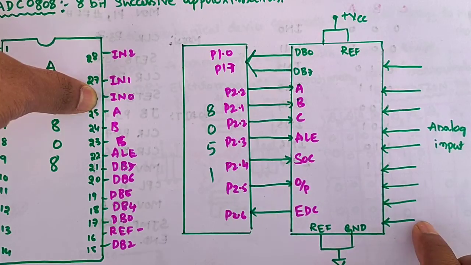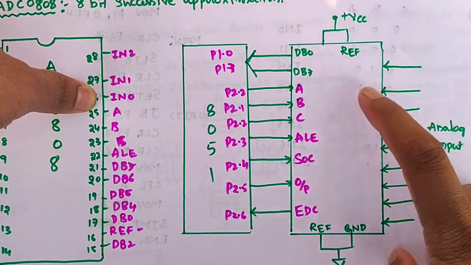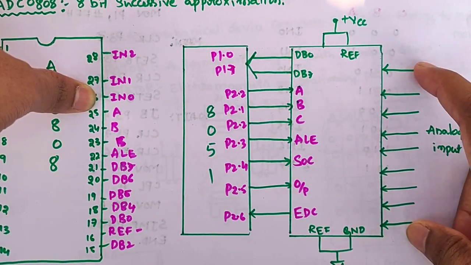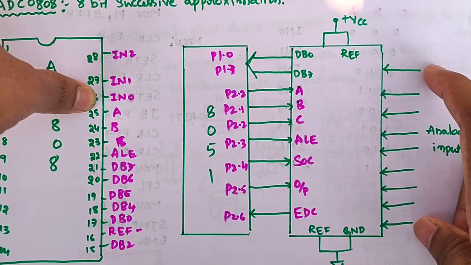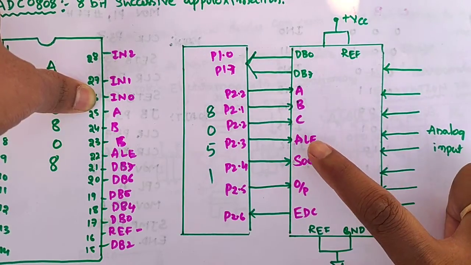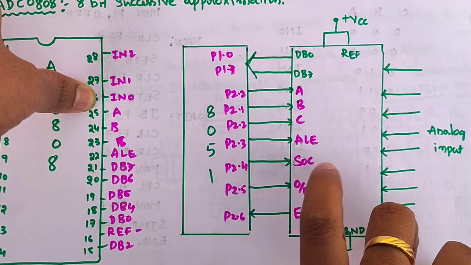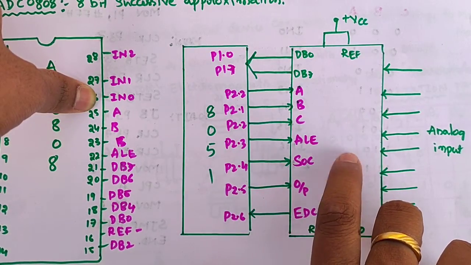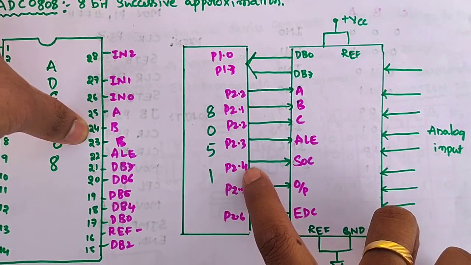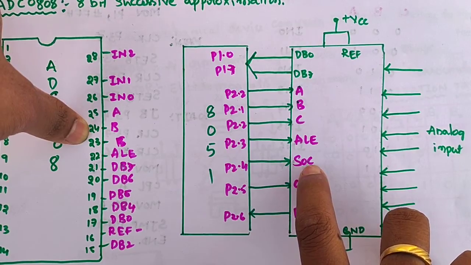The different analog inputs are fed to the analog to digital converter, which converts them. Once the inputs are connected, it senses a control signal for whether this IC should convert or not. For that, 8051 sends one control signal, start of conversion.